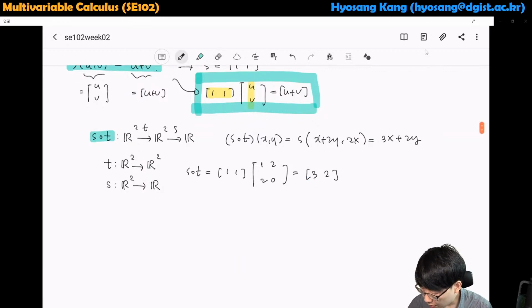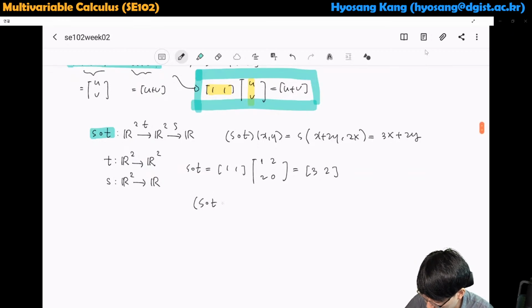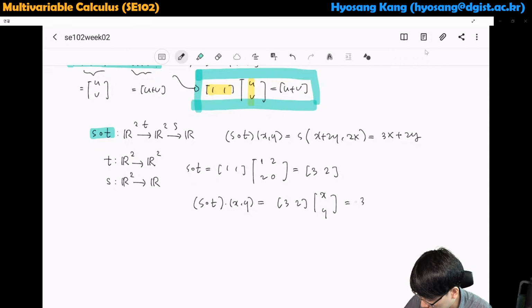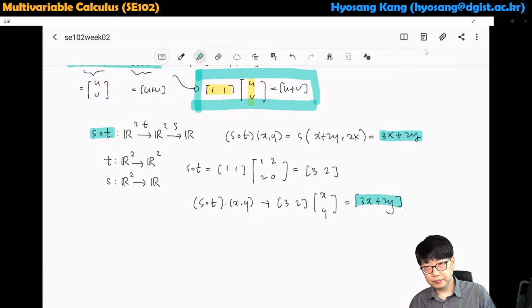So I represent my S composite T linear transformation as a 1-by-2 matrix (3 2). Let's see whether it matches our result in the previous computation. When I take ST of (x, y), I can rewrite this as (3 2) times the vector (x, y). That gives 3x plus 2y, right? So they are the same.